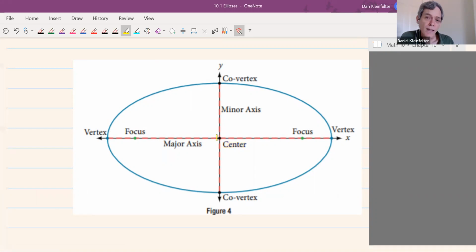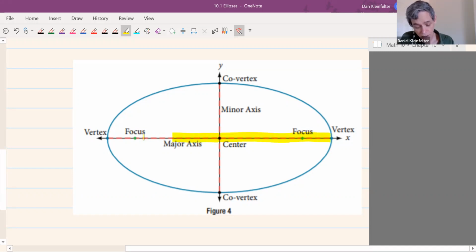And then, unlike a circle, which has one diameter all the way through, an ellipse has different lengths. If you look at the length of this ellipse, kind of the long way across, that's called its major axis. The length the short way across the ellipse is its minor axis.